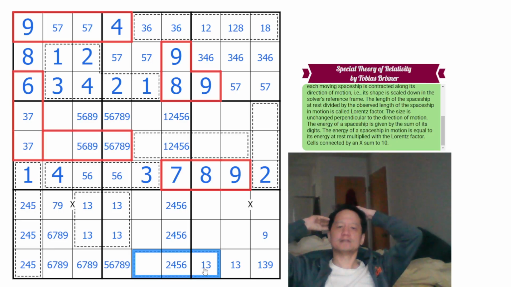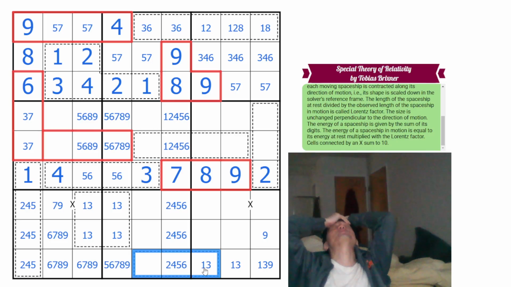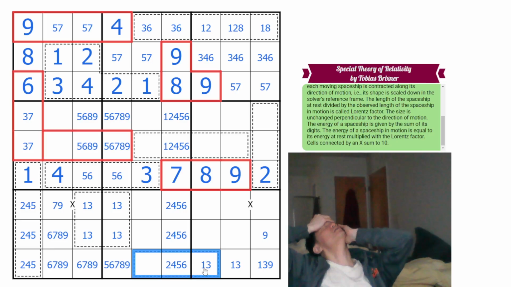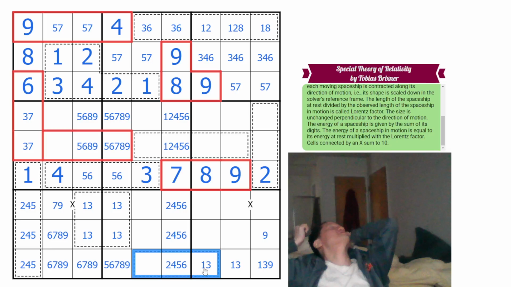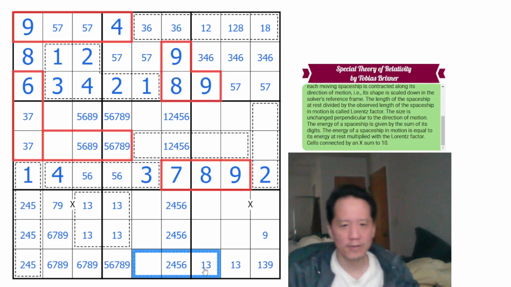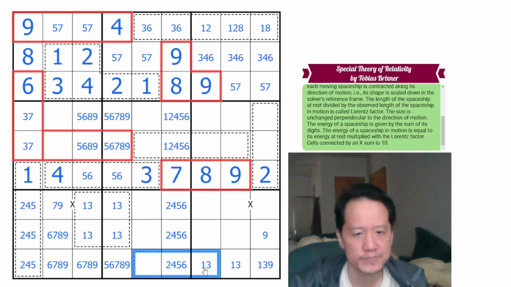What's the maximum then for the 3 cell cage? Well, the maximum for 2 cells is 17. So it's divided by 2. I think it has to be 16 then, if that's the case. Right?